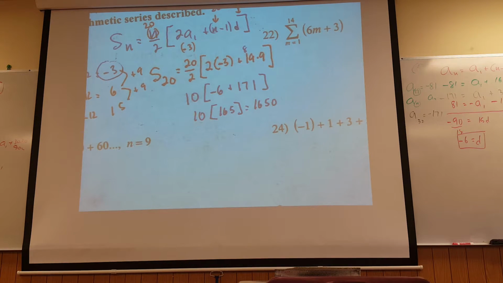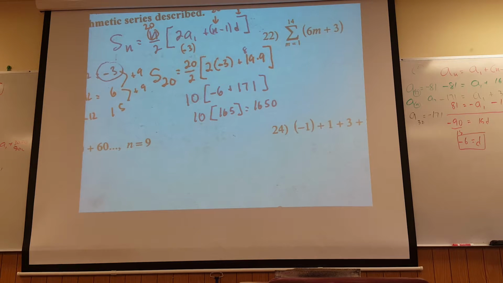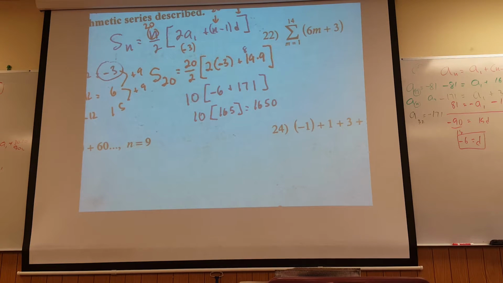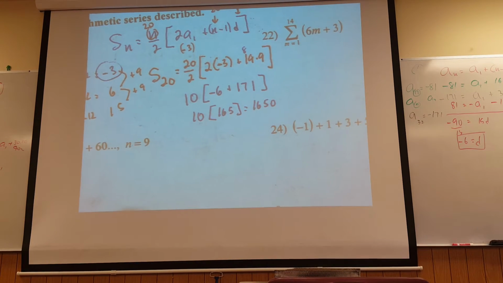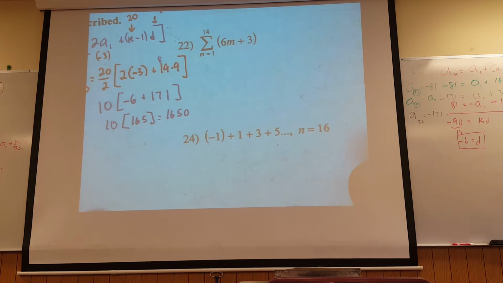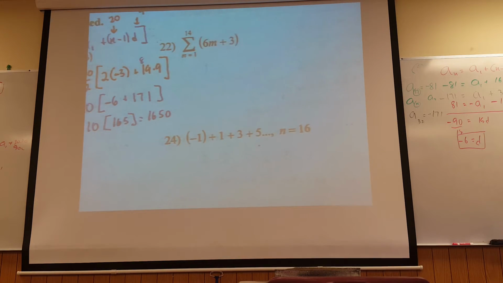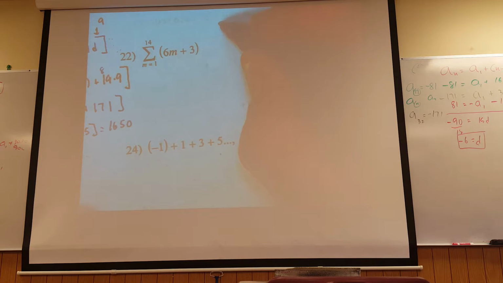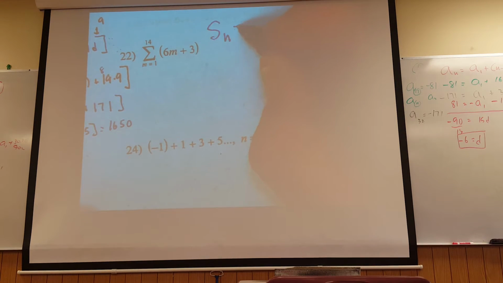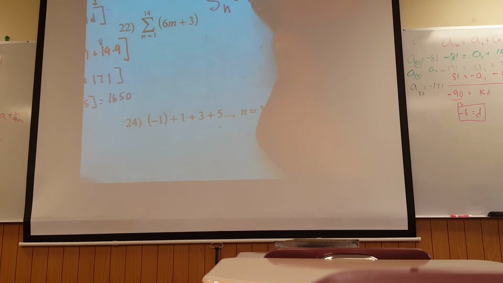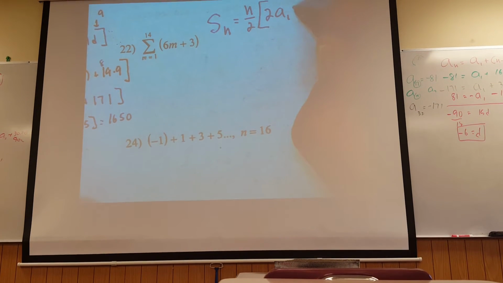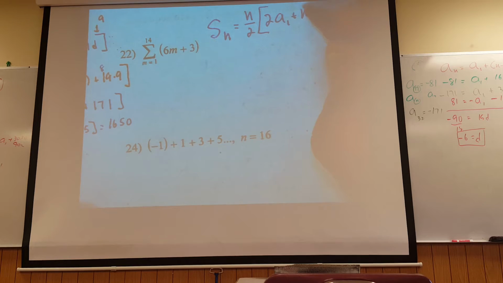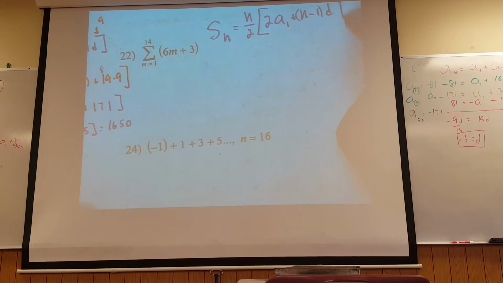This is where everyone gets tripped up on this test, is this summation, okay? So we need to be careful. Okay, look at 22. Now, the formula is S sub n equals n over 2, 2 times a1 plus n minus 1 times d.